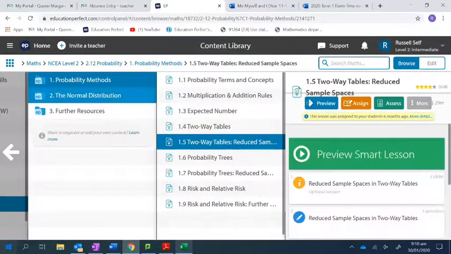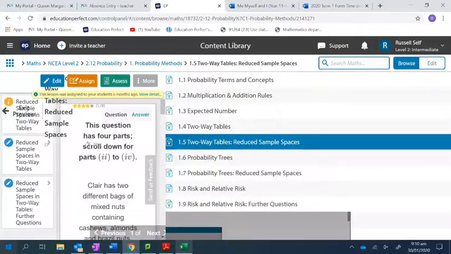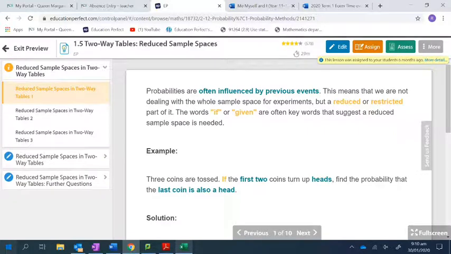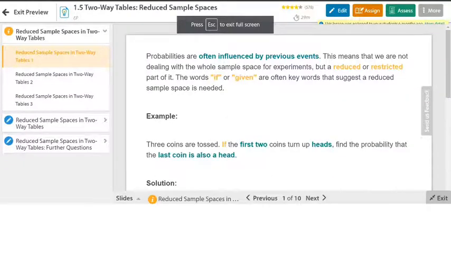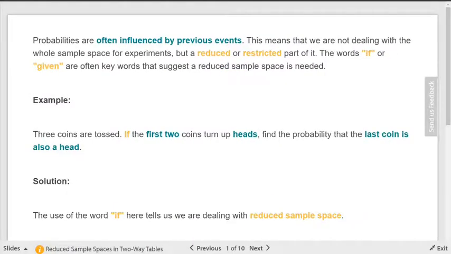So let's look at this one because sometimes when you have the two-way table, they're going to give you some conditions that have to be met. And so for these conditional probabilities, something has to happen first. So what's going to happen is you're going to be using just one column or one row of the table to get all the information you need.